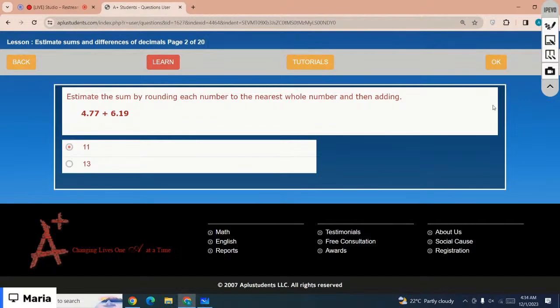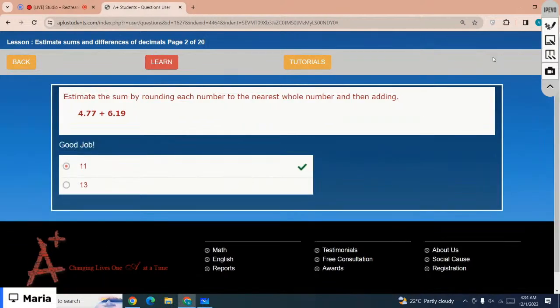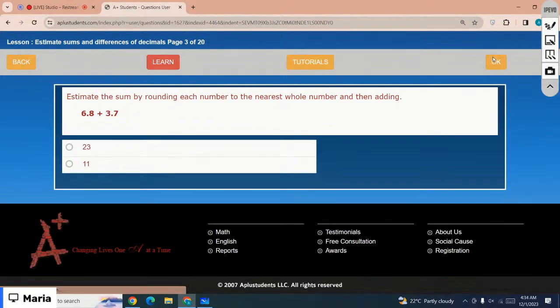Okay, the next one is: estimate the sum by rounding each number to the nearest whole number, then adding 6.8 plus 3.7, which is the correct option?